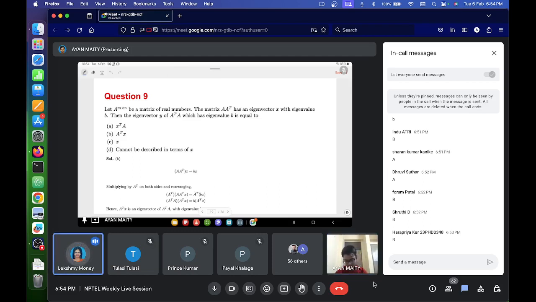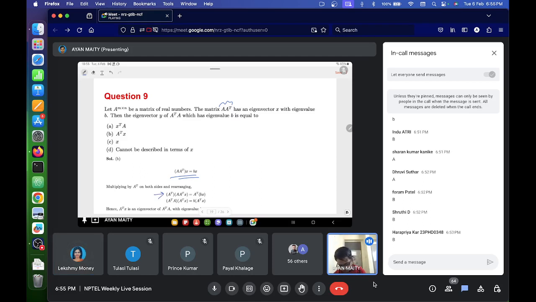No, how is option B the correct answer? We got that A transpose X is equal to. Okay, so this is the vector formula for the matrix A transpose, right? A transpose X equals Bx. Is it fine? Yes. Then we multiply A transpose to both the sides. Yes, got it.